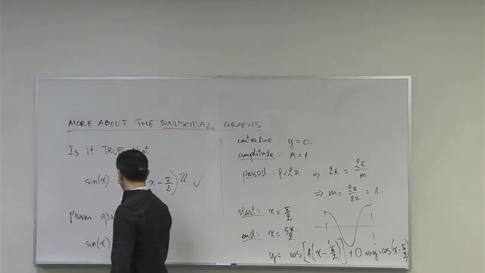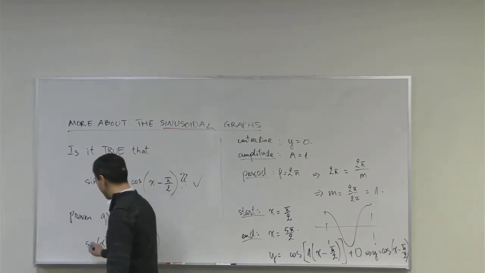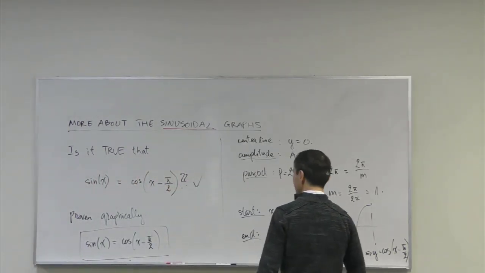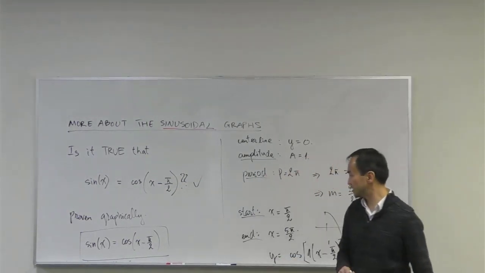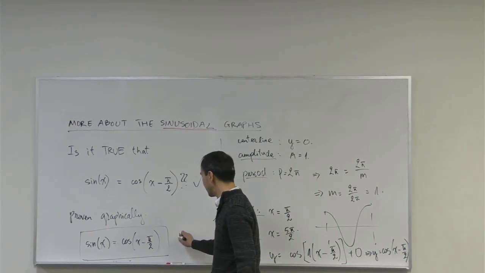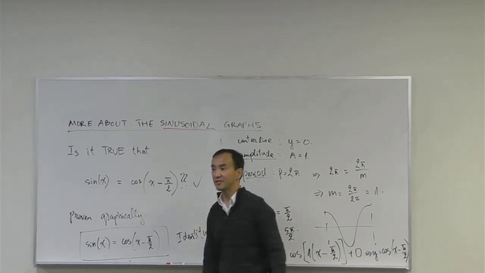We will always equal to cosine of x minus pi over 2. That's just one way of seeing that. See what I mean? All right. We've got sine of x, right, equals cosine of x minus pi over 2, and we call this identity one more identity. We have just proven it graphically by using the graph.